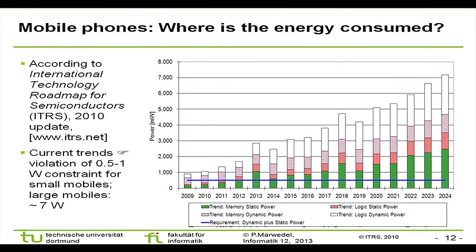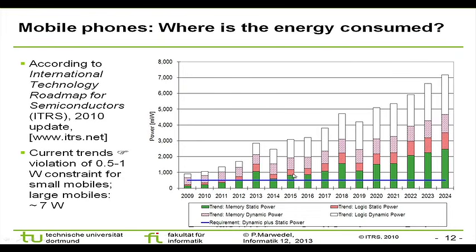Dynamic power is our equation, the switching current. As you push in more and more transistors, the static power is shooting up. By 2024 it will be, where are we now? We are somewhere here, and this is the ideal that we can handle, we are already above that.